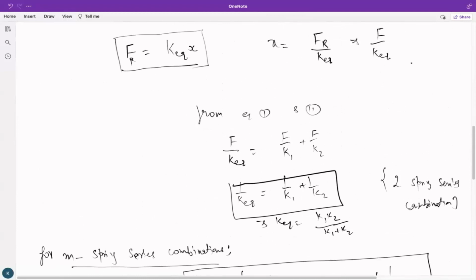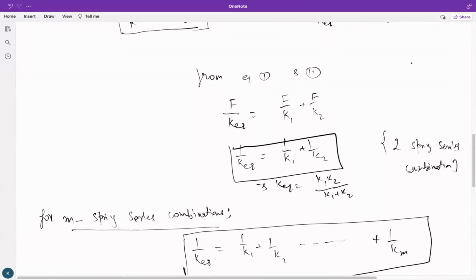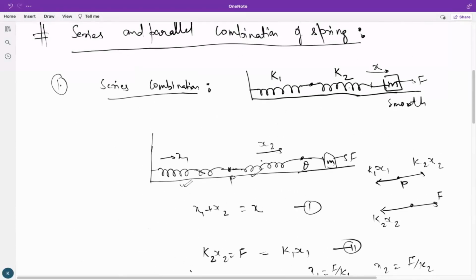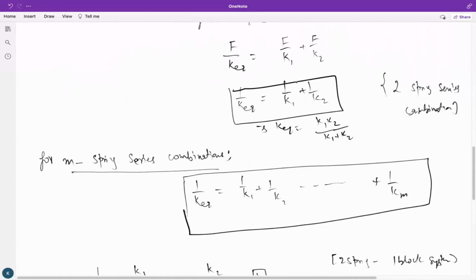बस आपको ये ध्यान रखना है कि अगर आपके पास m स्प्रिंग दिया हो और जो कि सीरीज में कनेक्टेड हो, end to end कनेक्टेड हो, तो आपको उसको single spring में convert करना है, like m spring single block system दी हुई है.